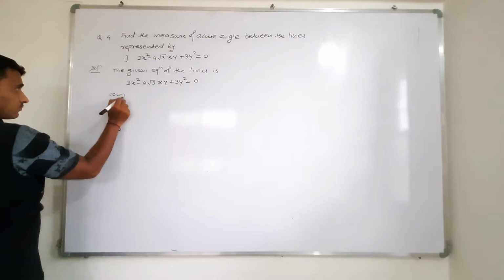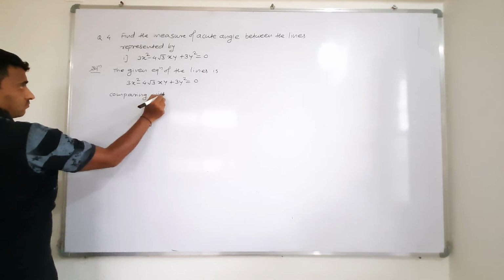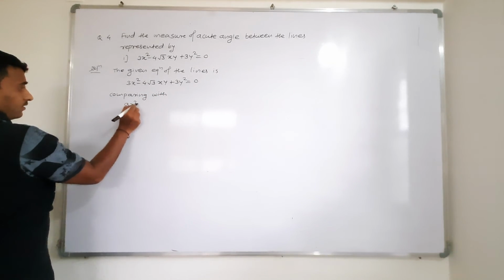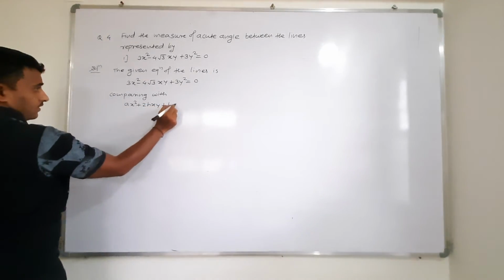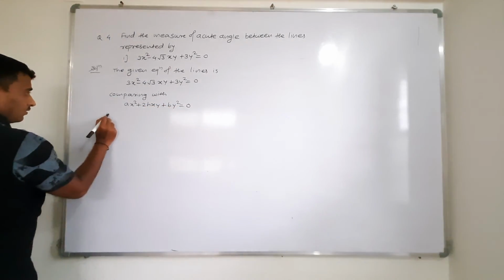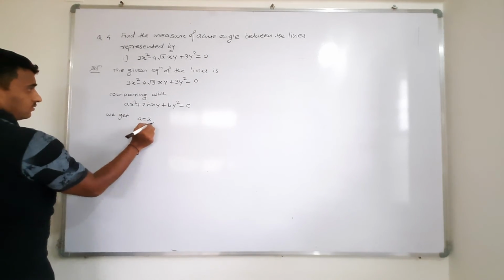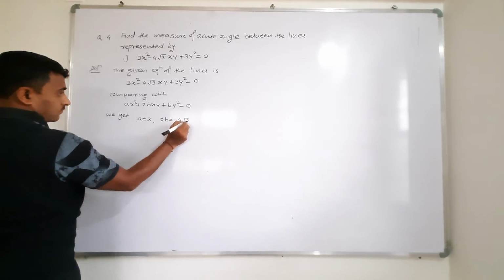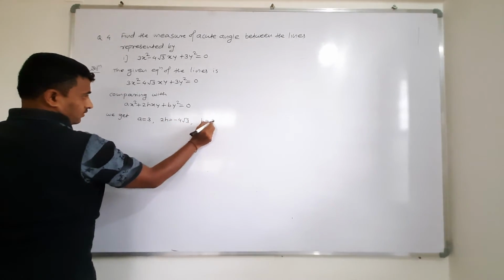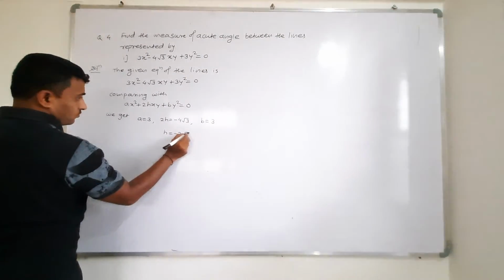Comparing with x square plus 2hxy plus by square is equal to 0, we get a is equal to 3, 2h is equal to minus 4 root 3 and b is equal to 3. h is equal to minus 2 times root 3.